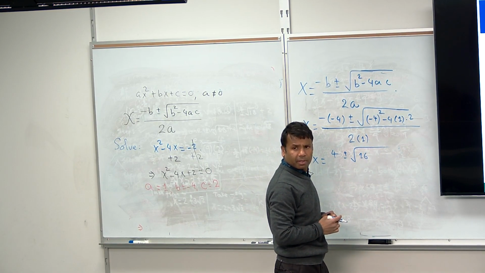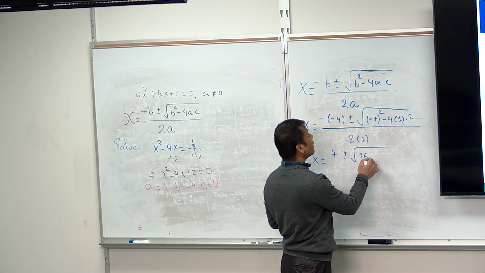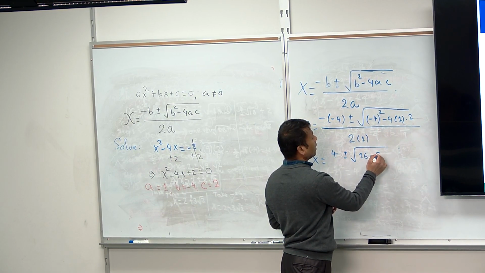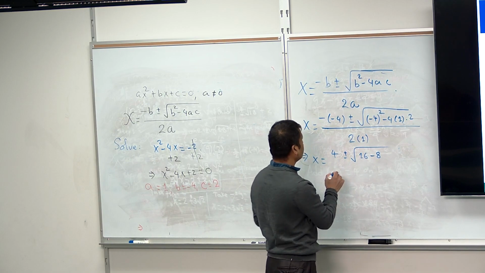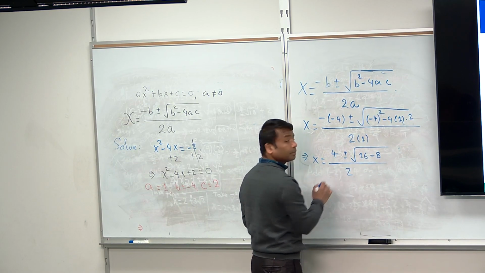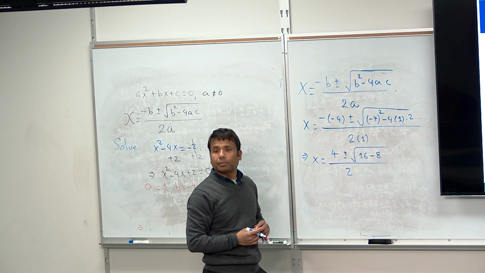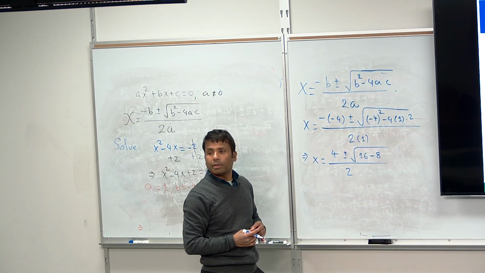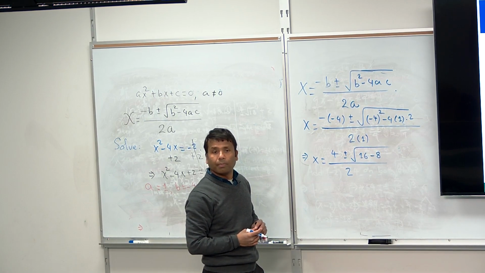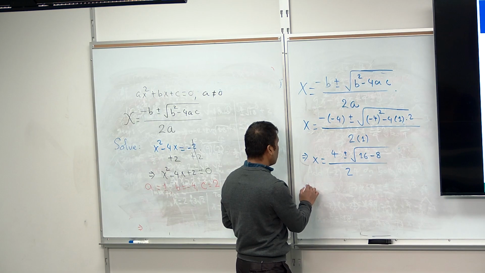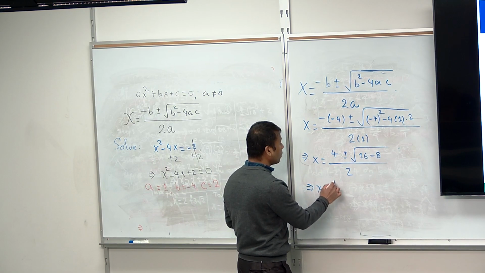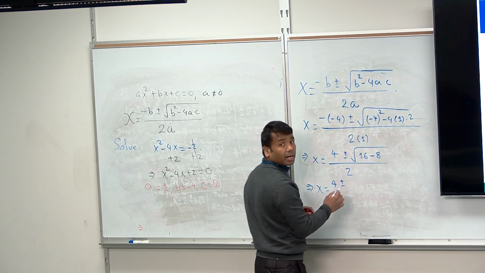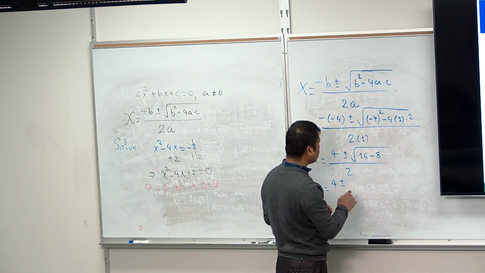This is negative 4 times negative 4, right? 16 minus, what is 4 times 2? 8, over 2. So far so good? Okay, so now that would be x equal to 4 plus or minus, what is radical 16 minus 8?